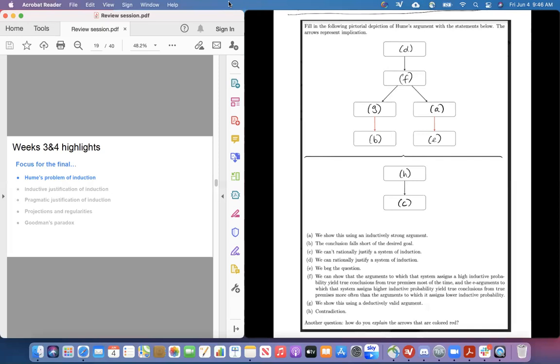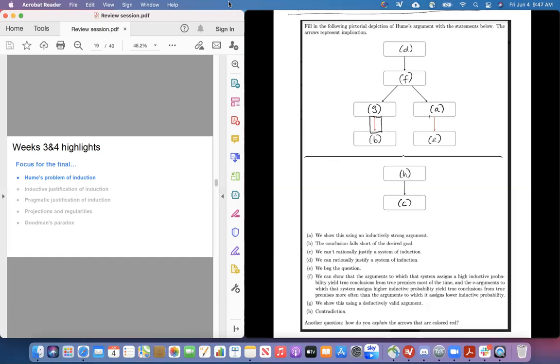However, what wasn't done so well on the test was explaining why, if you try and use a deductively valid argument, you fall short of the goal, aka explaining this arrow here. And similarly, what wasn't done so well was, if you try and show this using an inductively strong argument, why you are begging the question.